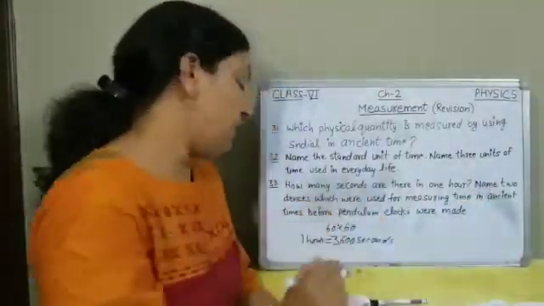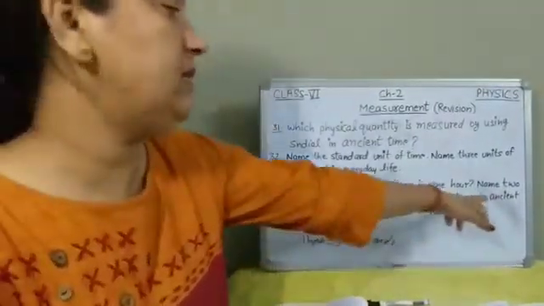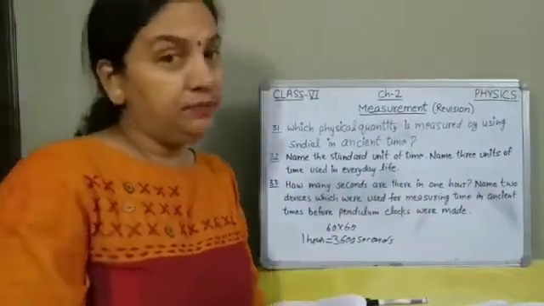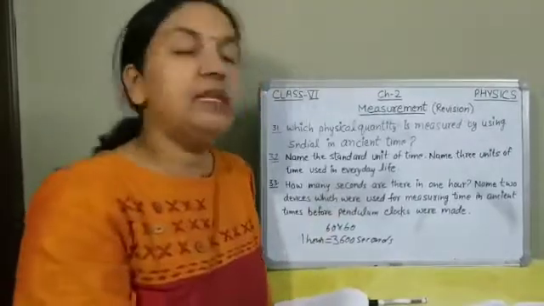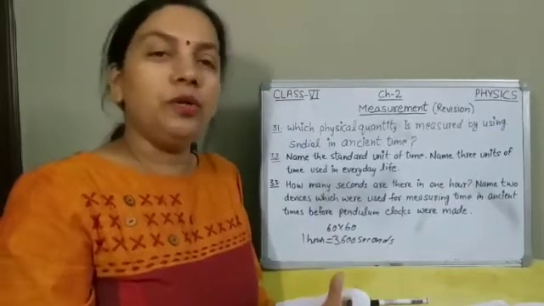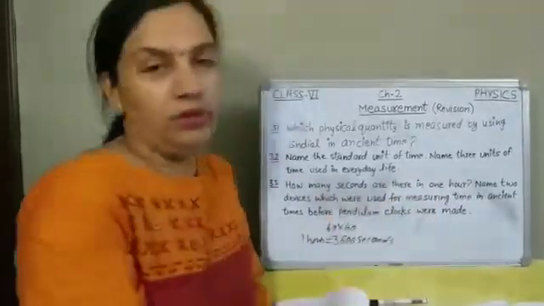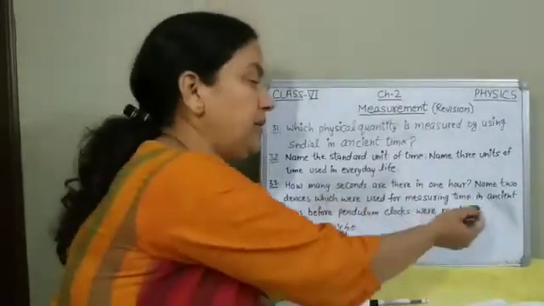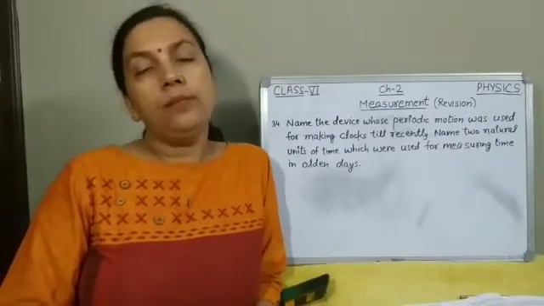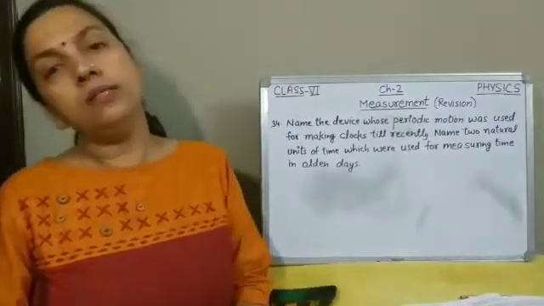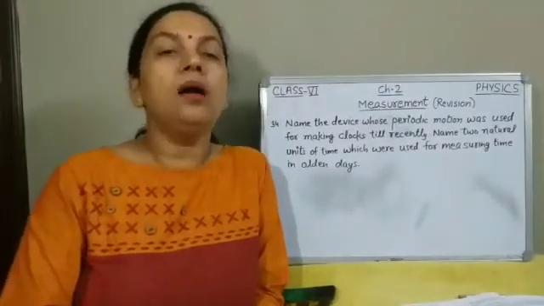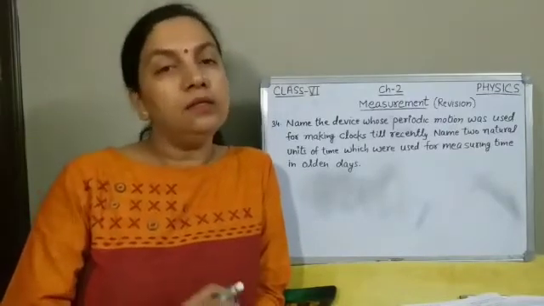Now name 2 devices which were used for measuring time in ancient times before pendulum clocks were made. We have read there are many earlier devices: sundial, water clock or sand clock. You can give any 2 devices. Children, in ancient time, people used some natural events which occur regularly after a fixed interval of time, for example, the occurrence of a full moon and a sunrise.